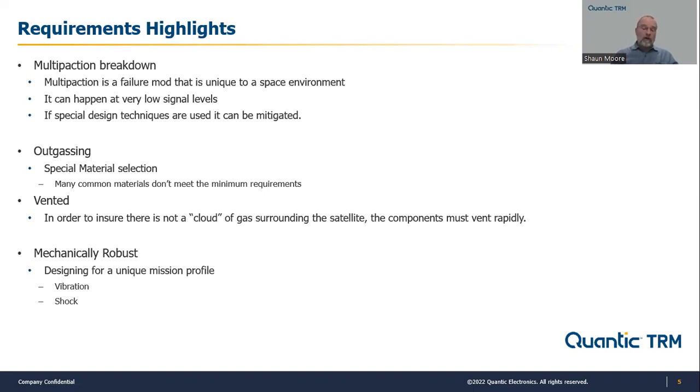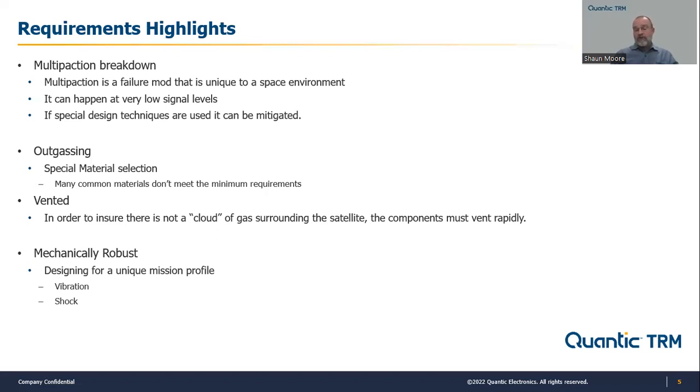So relying on a company like Quantic TRM that has full knowledge of this failure mode, how to predict it, and how to do the analysis to ensure that it doesn't happen is critical for a lot of component manufacturers. The thing to keep in mind about multipaction is that it is a failure mode that happens only in a vacuum, but it can also happen at very low signal levels.